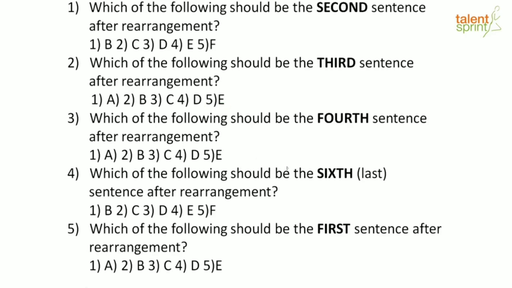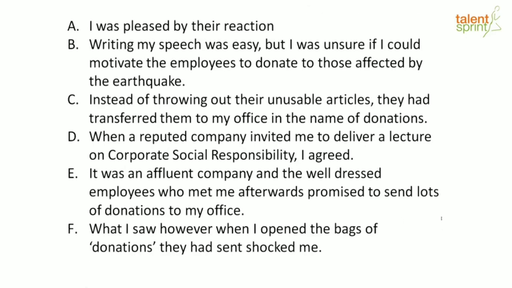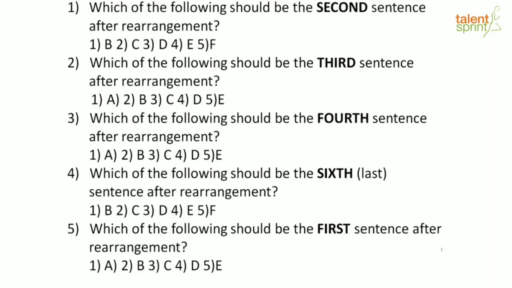Which of the following should be the fourth sentence after rearrangement? So right after E, what's the fourth one? Because they promised, he was pleased by the reaction, that has to be A. So for the fourth one, it's A, so the answer is option 1.